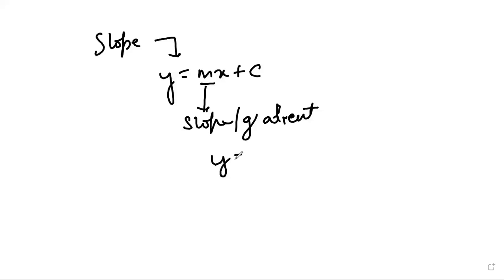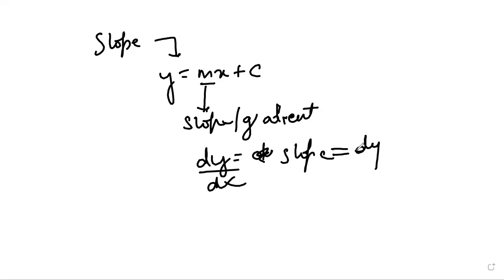And right now what we are saying is slope is dy by dx. So here slope is nothing but the change in the value of y when x changes by a very small amount, right?